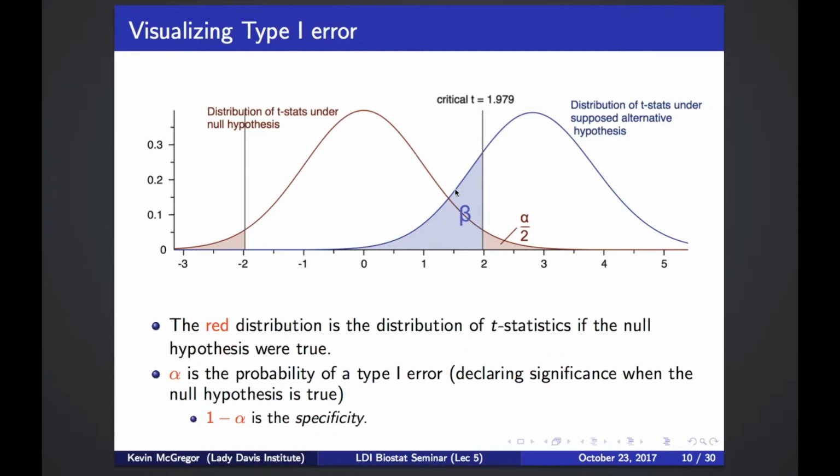If you have a small variation in your data, then the same thing is going to happen. The blue curve is going to be pushed to the right. The same thing is also going to happen if you have a large sample size. The blue curve gets pushed over to the right, this beta probability shrinks, and your power gets bigger.